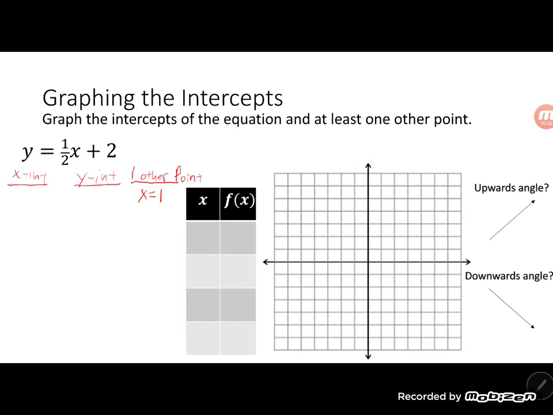So what we're going to do is take this equation which relates x and y, and take the 1 that we just chose. That 1 is equal to x, and we're going to plug it in where the x is right there. So now we have y equals 1/2 times 1 plus 2.